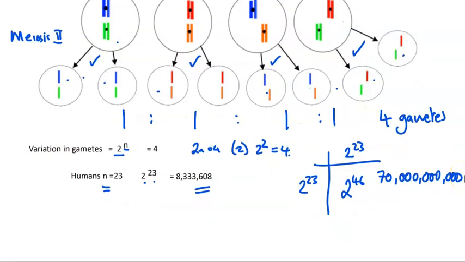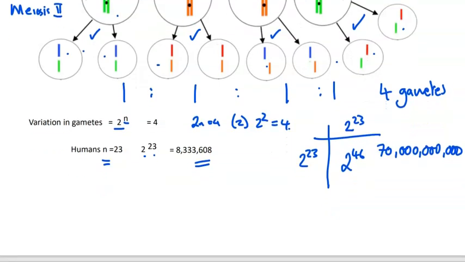There's approximately 70 trillion different arrangements of their chromosomes purely on the basis of the rules of meiosis as we've seen them so far.